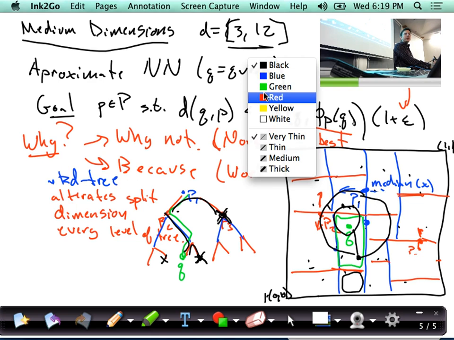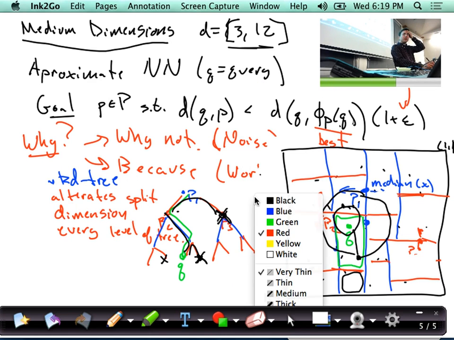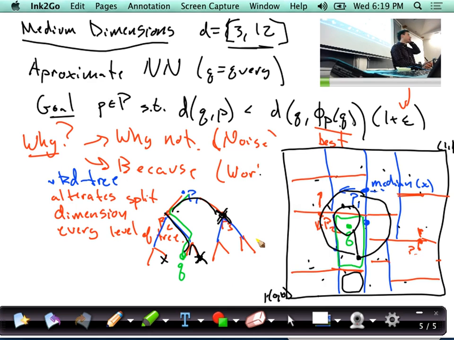Now, the cool thing is if I'm doing an approximate nearest neighbor instead of the exact nearest neighbor, how would this differ? You could just stop at the first element and then say, this is my error.